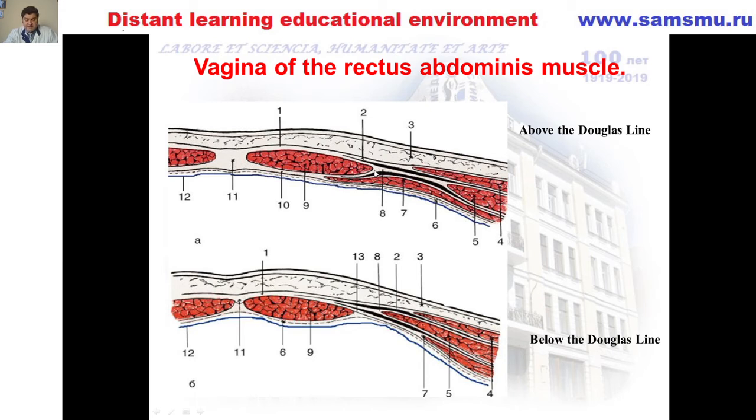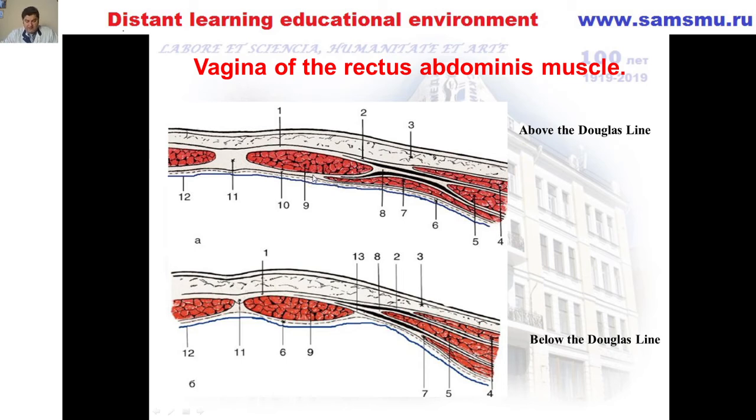You may see it here. It splits into two laminae, which encompass the rectus muscle anteriorly and posteriorly, fused with the aponeurosis of the external oblique and transverse muscles, and with them form the anterior and posterior walls of the sheath.